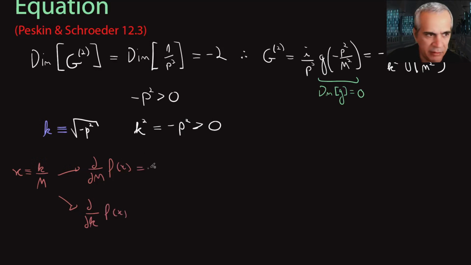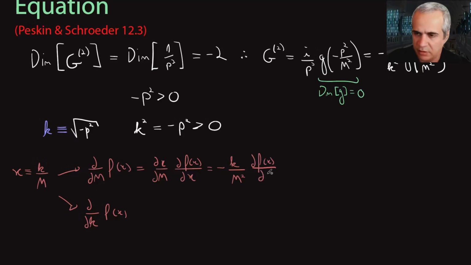This one I can rewrite as dx dm times df of x dx. And of course, I just have to take dx dm here. This is minus k over m squared times df of x dx.